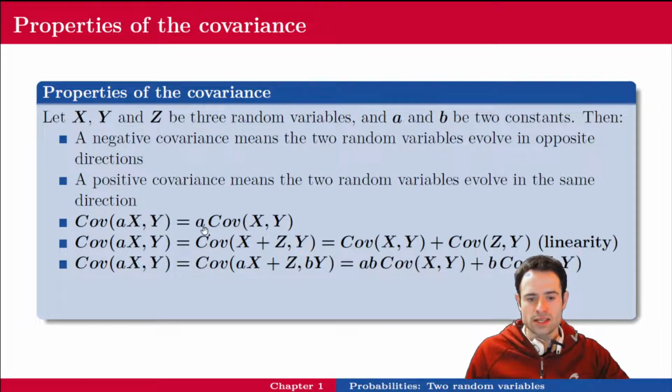So here I am mixing the first property and the second property, so that when I look at the covariance between x and y, a can go out, b can go out as well, and I end up with a times b times the covariance between x and y, plus here I have the covariance between z and y. Again, I can put the b out of the covariance and I get b times the covariance between z and y.